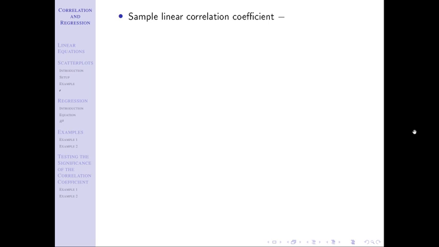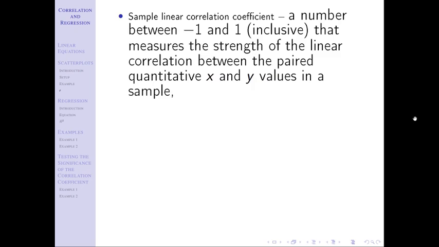And that's a very powerful thing to do, but sometimes we want a more mathematical approach rather than just a looking at it approach. And that's what the correlation coefficient does, it calculates a number between -1 and 1 that tells us the strength between the x and y values in a sample, and it is denoted by the letter lowercase r.